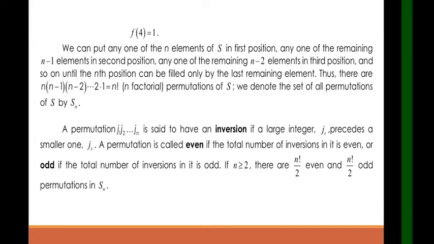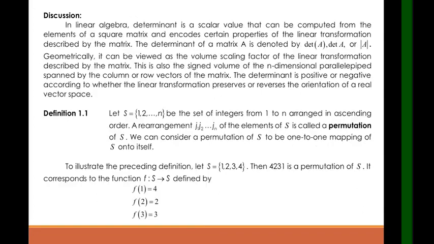So, n factorial. It means you can place the elements in many positions. For example, how many numbers do we have? We have 4. So how many arrangements can we have with these 4 numbers?